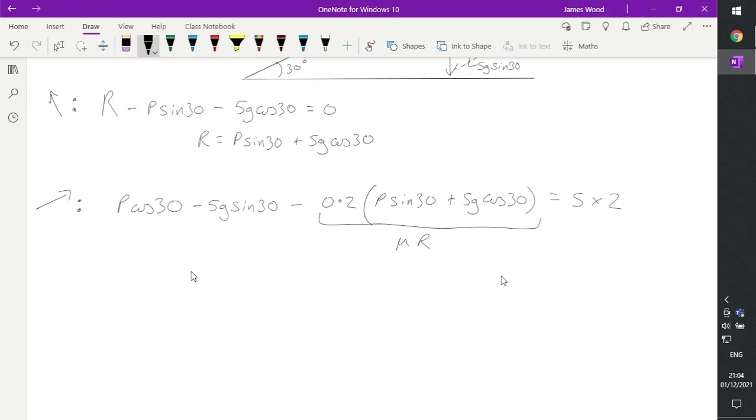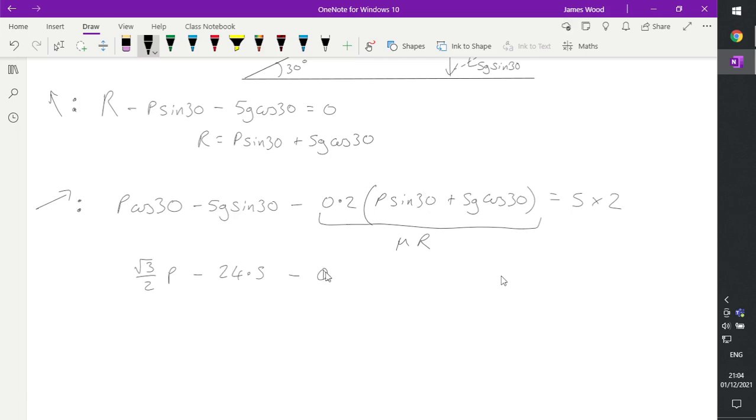So P cos 30, that's going to be root 3 over 2 P. And this would be 5 times 9.8 times 0.5. So it's going to be minus 24.5. Then if we expand this out as we do it, we've got minus 0.2 times P sine 30. Sine 30 is a half times 0.2.